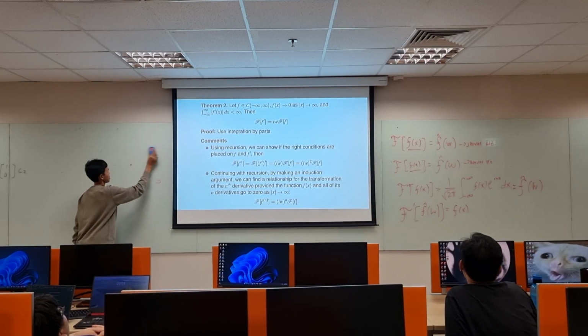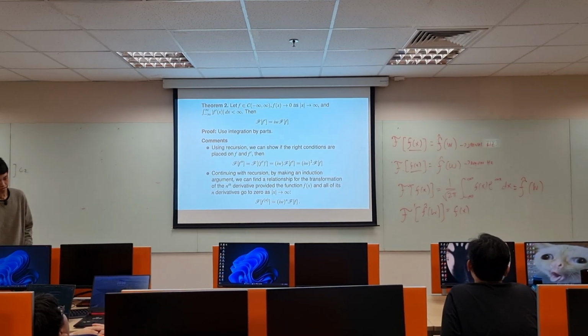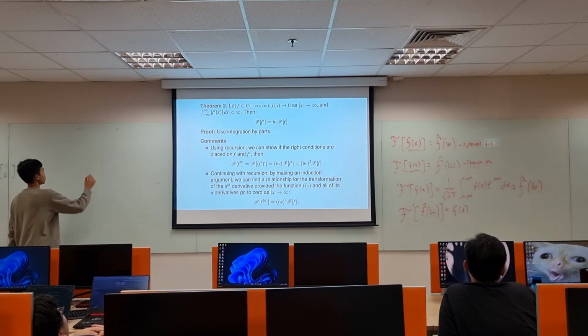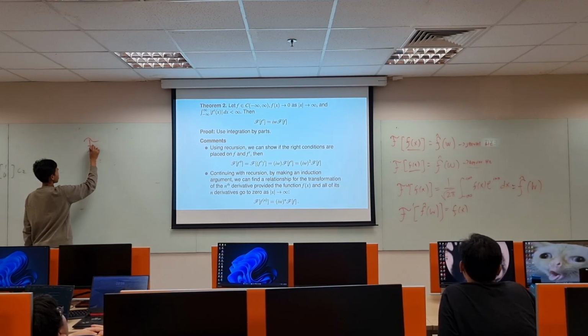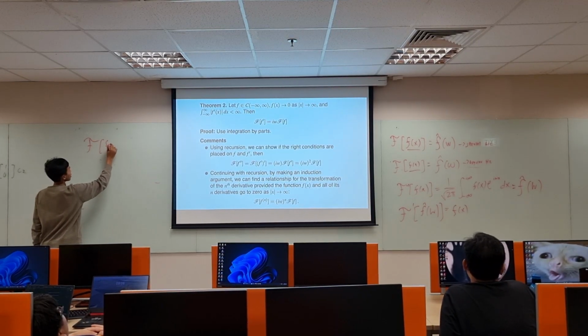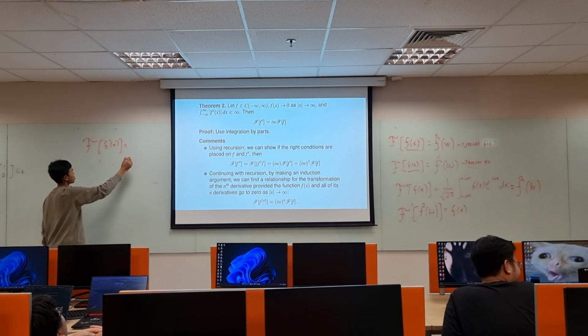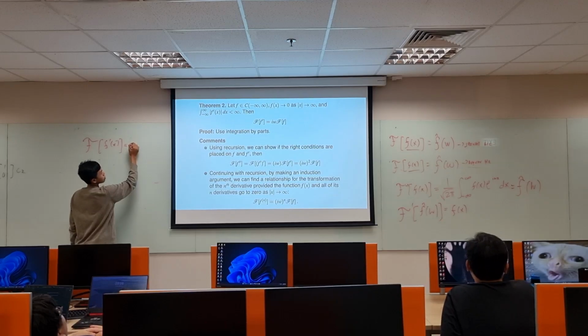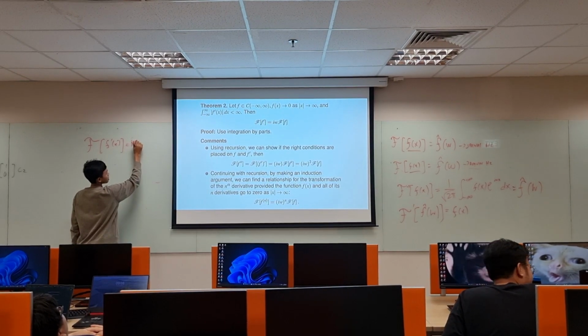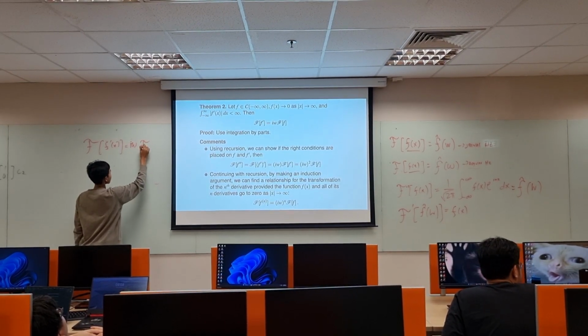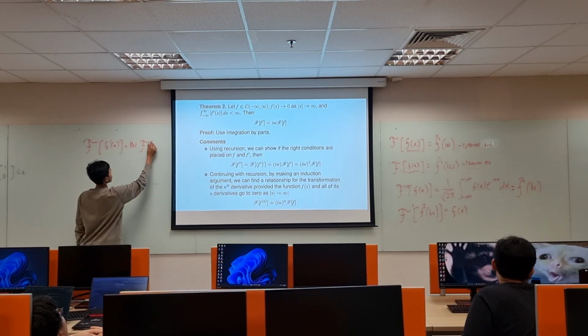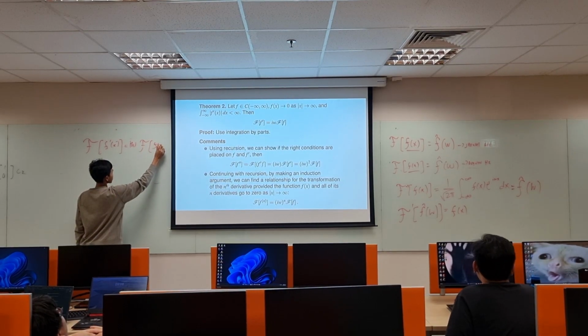Theorem 2 is the same as Laplace, basically saying that the Fourier transform of f prime x is equal to i omega times the Fourier transform of f x.